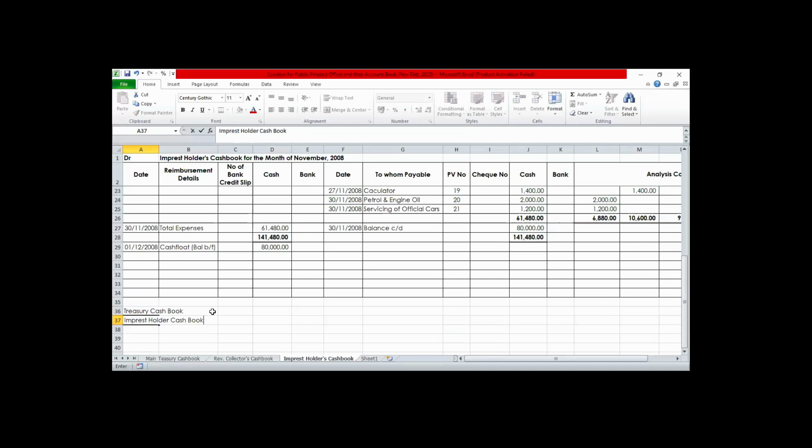This one will be credited, while this one will be debited. Is it clear? Do you understand what I'm saying there?